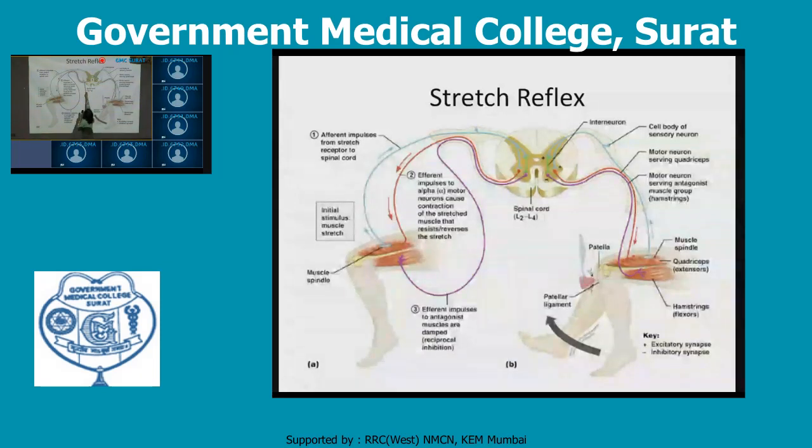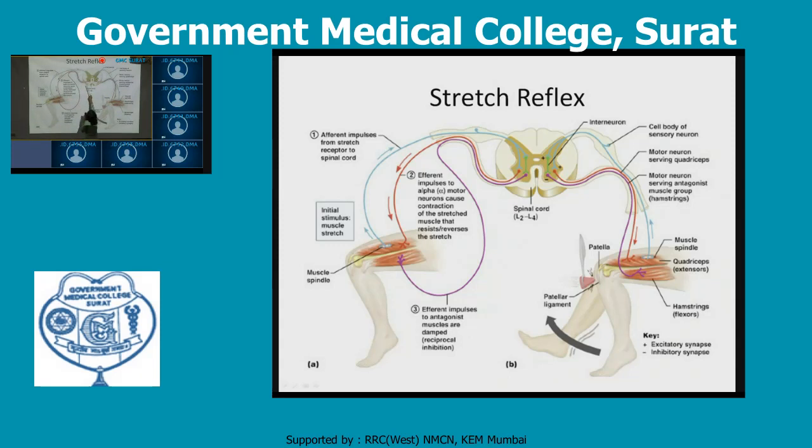This is the efferent component of the muscle. The efferent impulse goes via alpha motor neuron and causes the contraction of the extrafusal fiber. So this is one synapse.